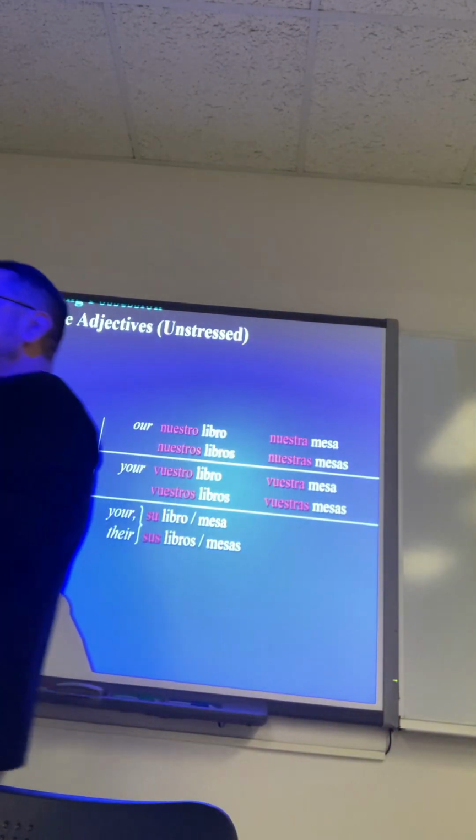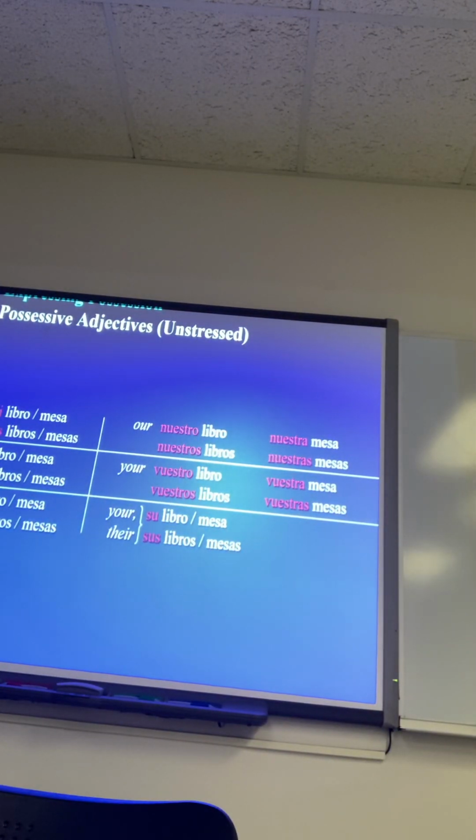Now, the difference, of course, because there's always going to be a difference, is that for every one in Español, there are 2 words. Both mi and mis mean my, except that we use mi if it's one thing, we use mis if it's plural.